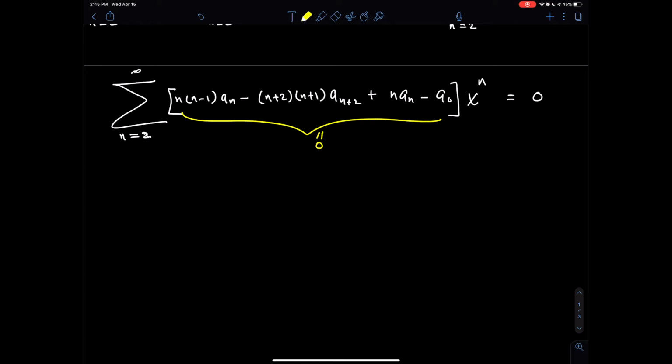So if I have minus n plus 2, n plus 1, a n plus 2 equals, and I move all the other ones to the other side.